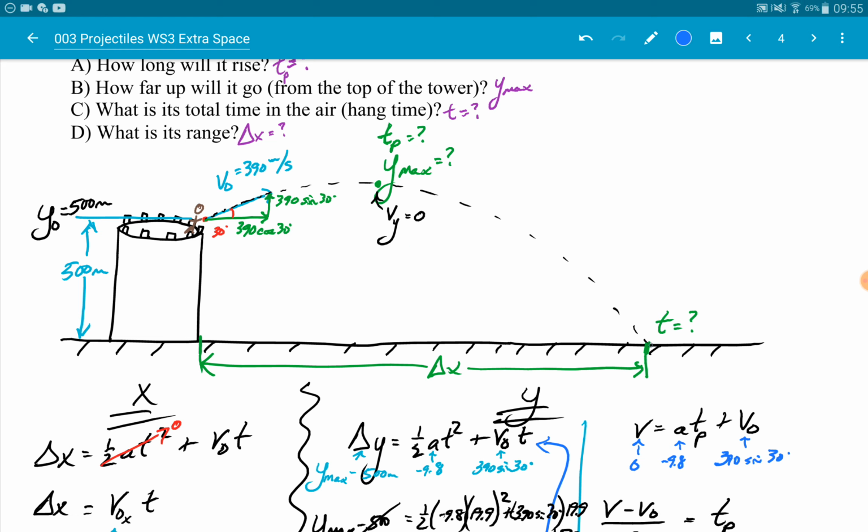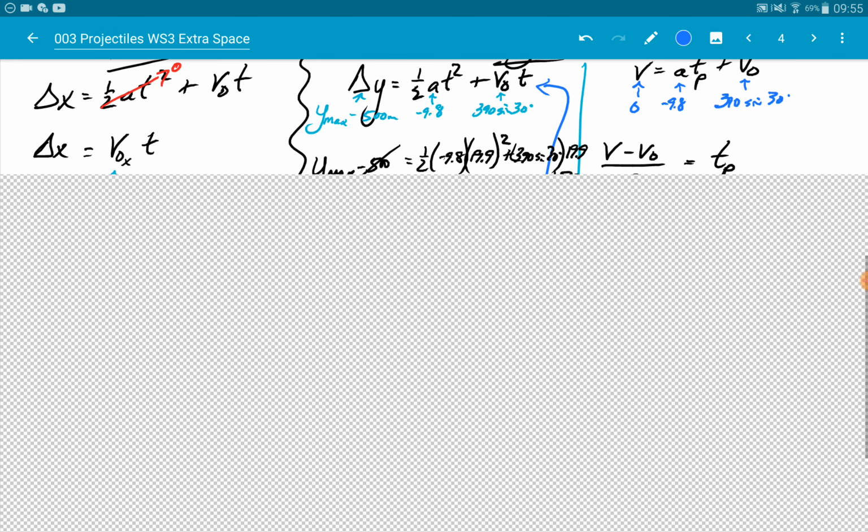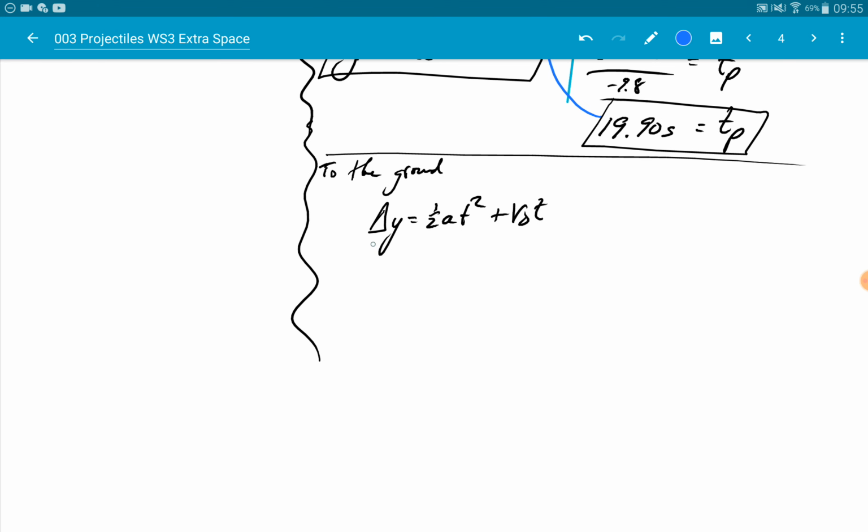And I also know that my ending position, if I label the ground here as 0 meters, which most people would in this problem, then the ending position is 0 meters, because we're talking in the vertical dimension there. So here, I do know this. That is ending 0 minus the 500, so we get negative 500 for that.